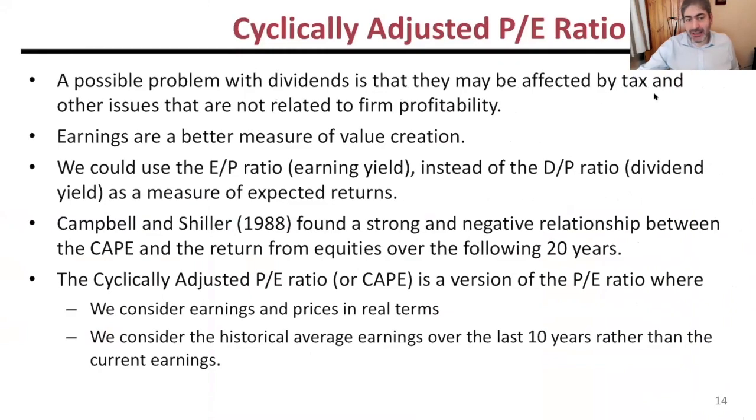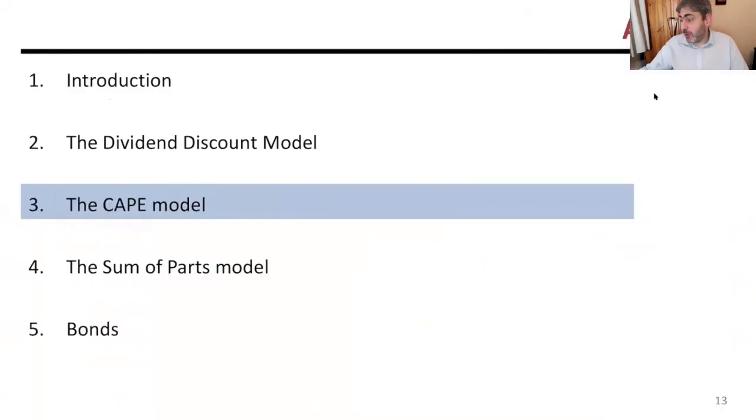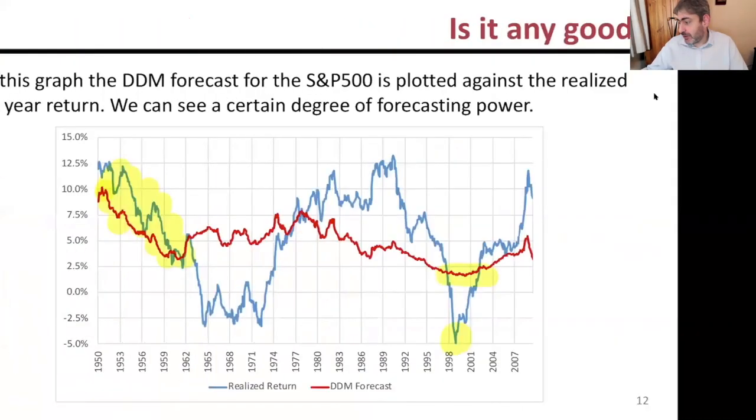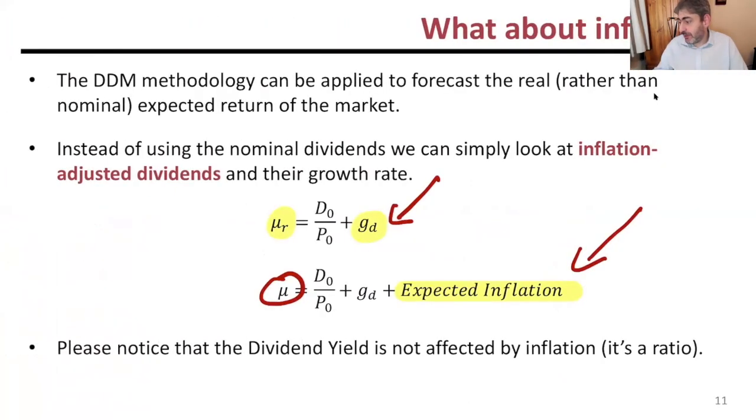So what is CAPE? In the dividend-based model, we started by looking at the dividend over price, okay? So a fundamental aspect of this model was this thing here, the dividend over price, okay? Now, we are going to transform this model from dividend-based to earnings-based.